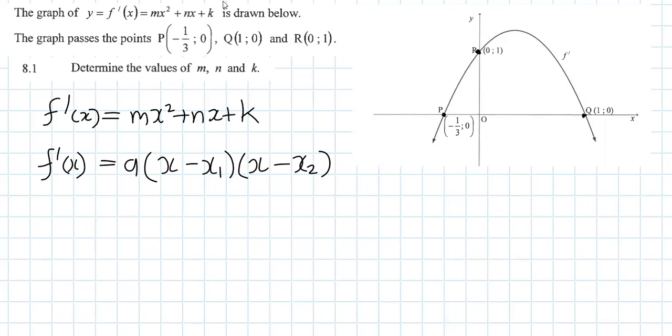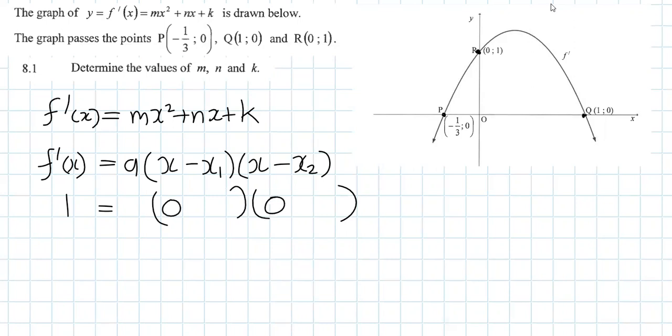Now let's put in everything we have. If we sub in our point R, it's 0 and 1, so 1 goes where the y goes, and the x is 0.